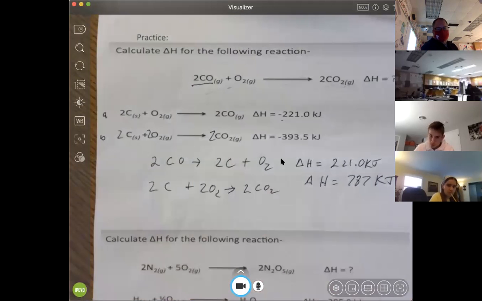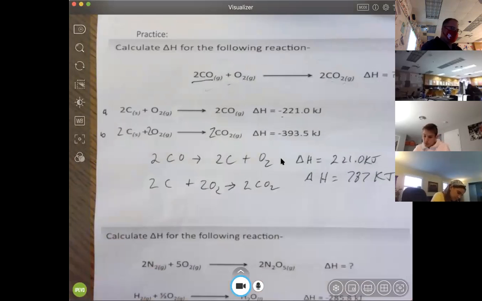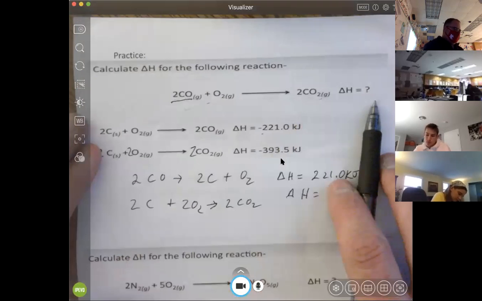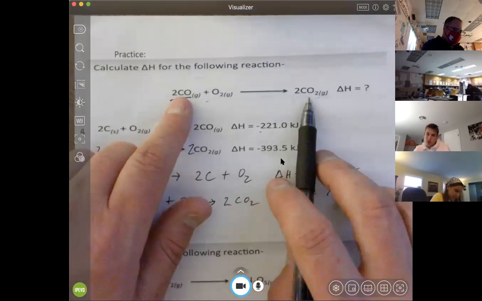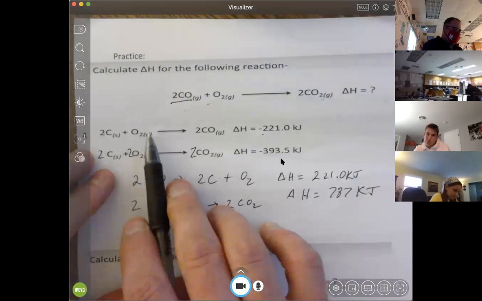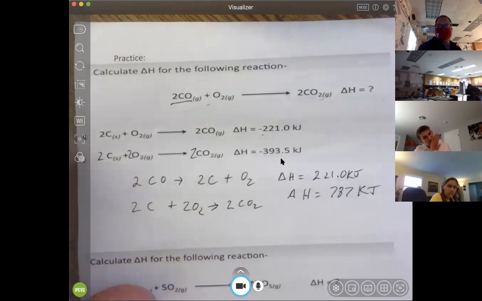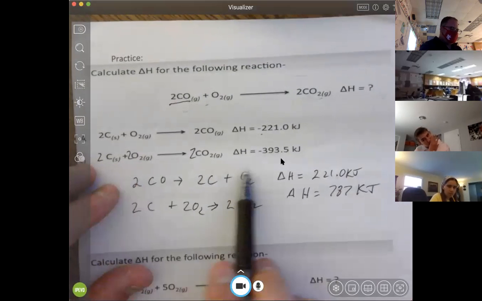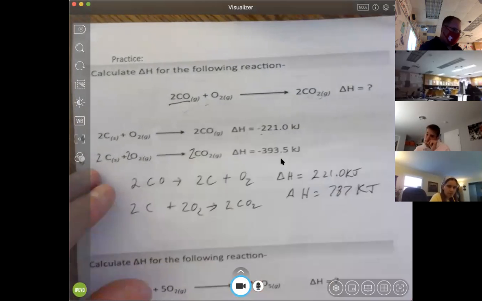And here's the thing. We have both of these pathways and we have all the energy involved. We don't know the energy of this direct pathway. If what we've done to these two reactions allows us to get this reaction, we know that we're solid. So can we use each of these two reactions to build this primary reaction that we want?